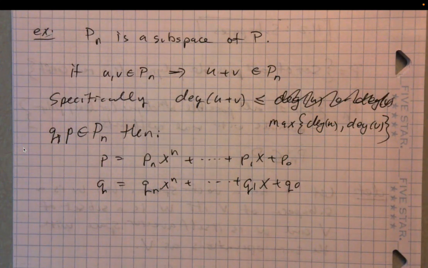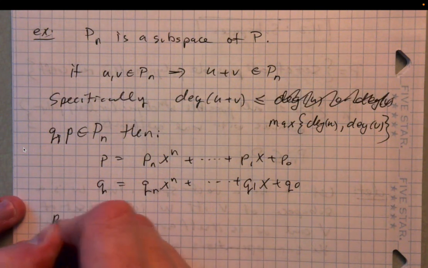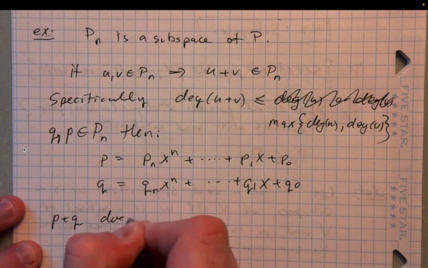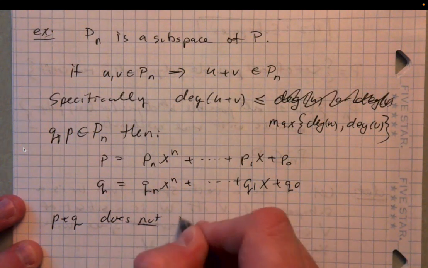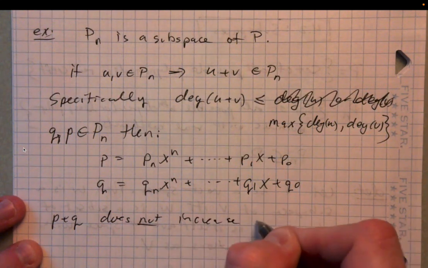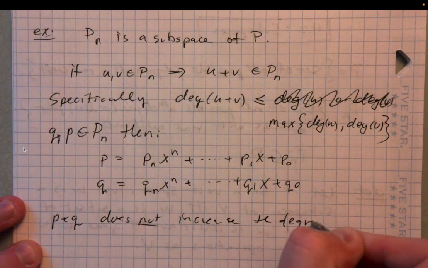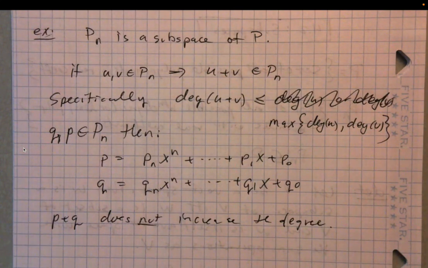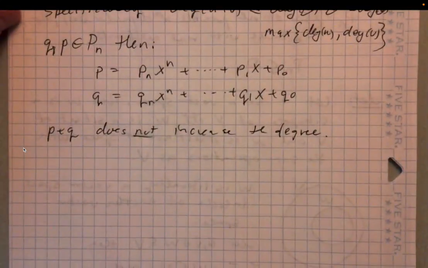Notice that when you add polynomials together, the degree does not increase. So P plus Q does not increase the degree. That's kind of the key to why this works as a vector space. That's why P sub n is a vector space, because the degree can't increase.